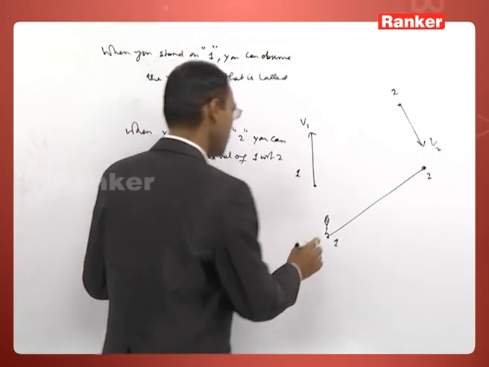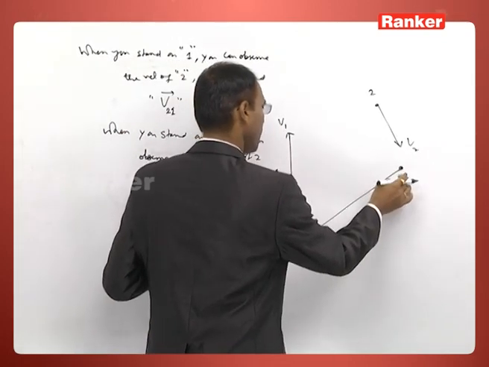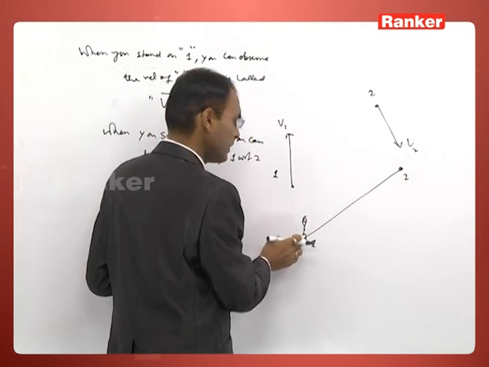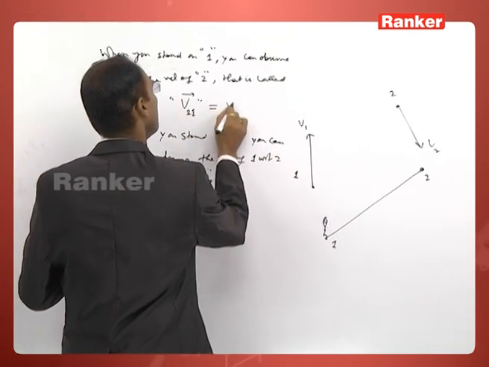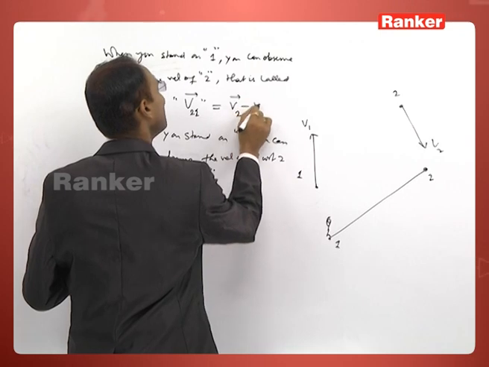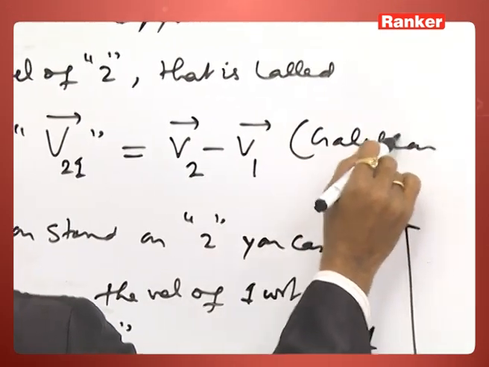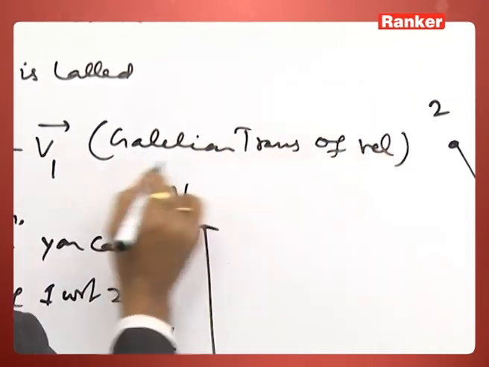When you are standing on particle 1, you are observing velocity of particle 2 with respect to 1, because you are fixed with particle 1, and V21 is equal to V2 minus V1 according to Galilean transformation of velocity.